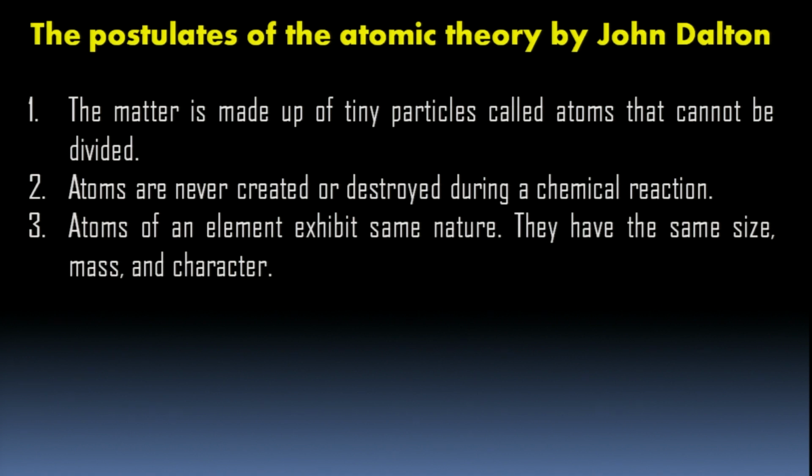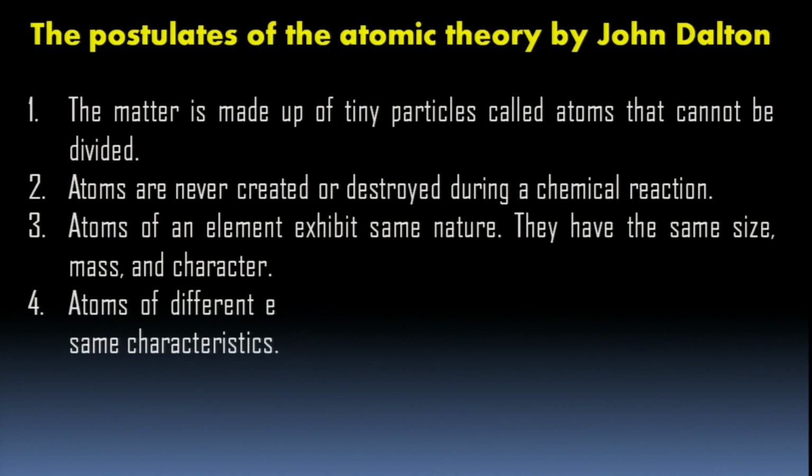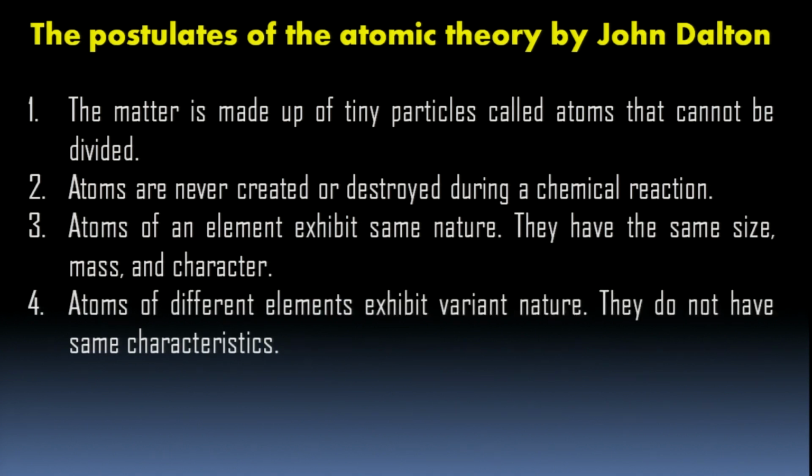They have the same size, mass and character. Atoms of different elements exhibit variant nature. They do not have the same characteristics. I had shown you some figures like element A and element B having different types of atoms. I hope you remember all these things.